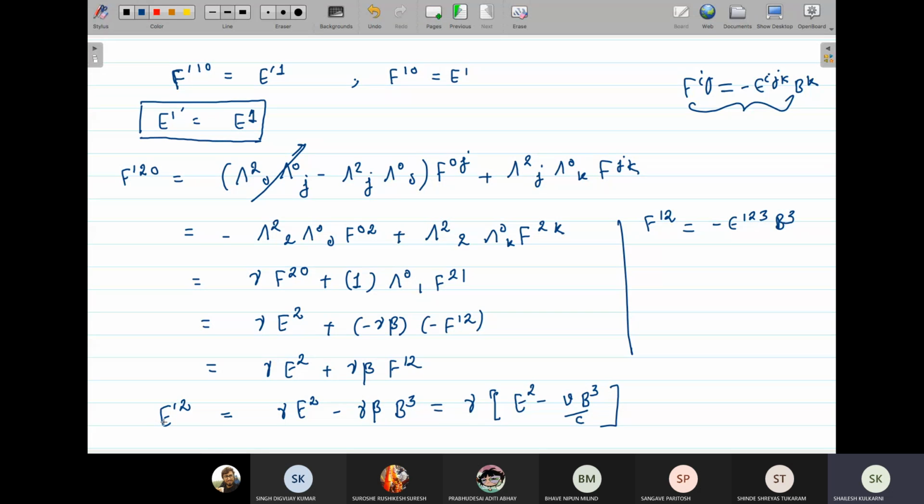So you see the electric field along the y direction is now changing. In the frame moving along the x-axis with velocity v relative to the unprimed frame, the electric field looks like this. It is subtracted from your original field by this much amount.